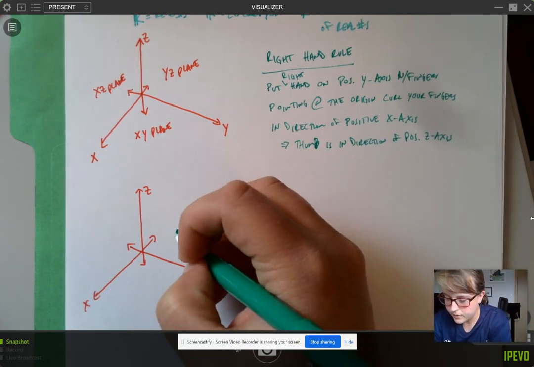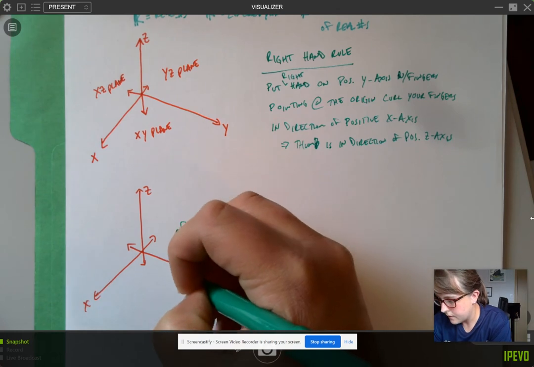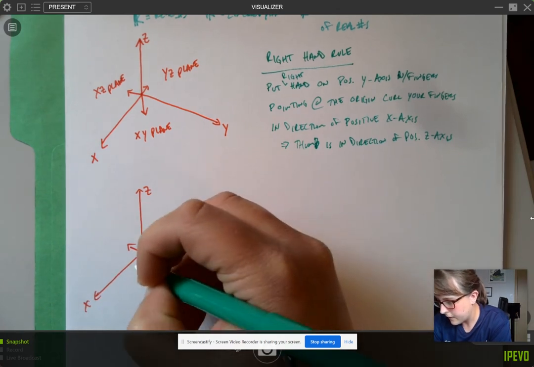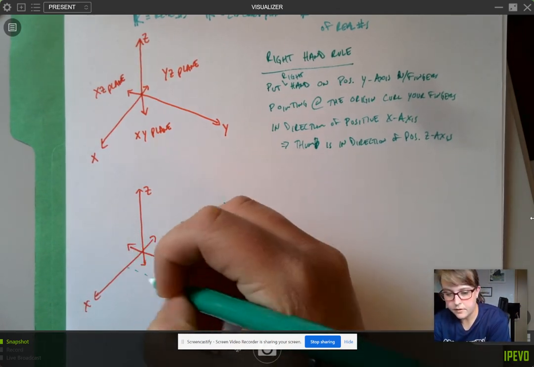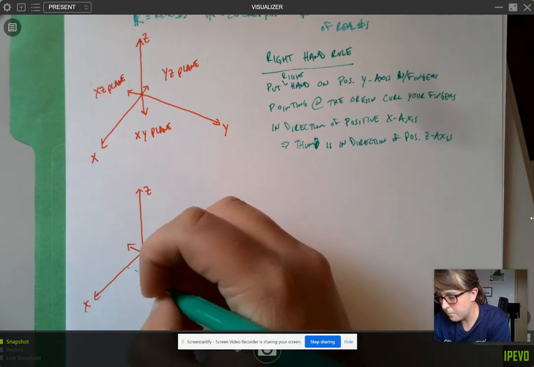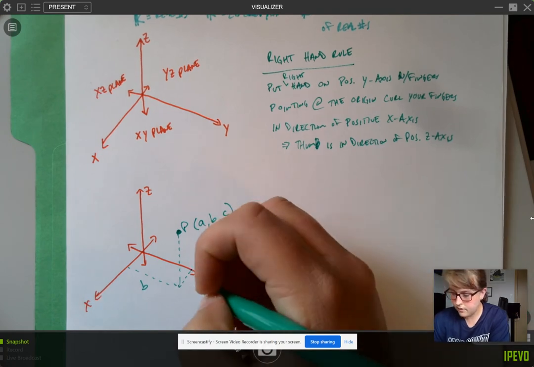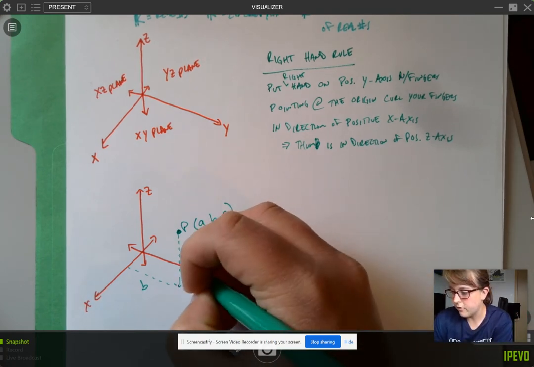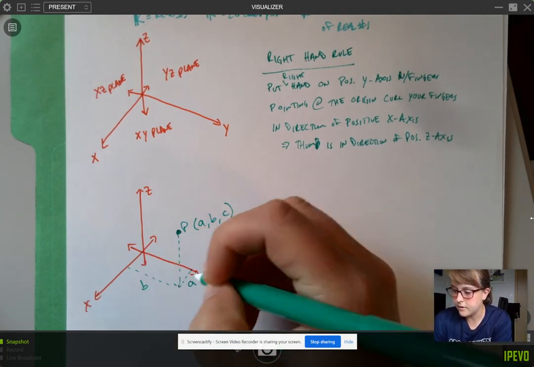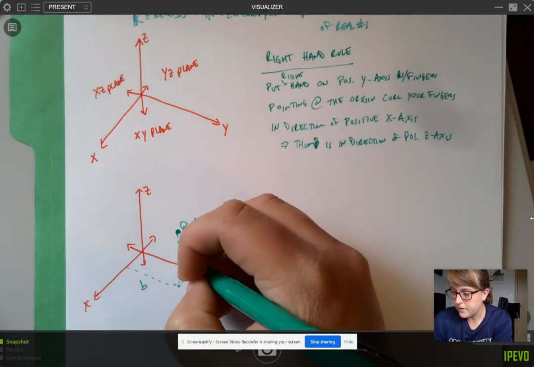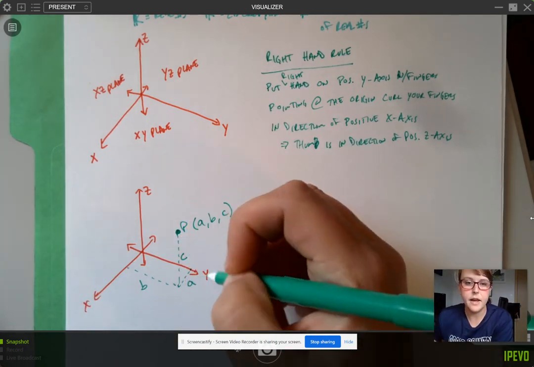So let's say it was something like this. This distance would be b, since that's how far it is out on the y-axis. This distance here would be a, since that's how far out it is on the x-axis. And this distance here would be c, since that's how far up it is on the z-axis.